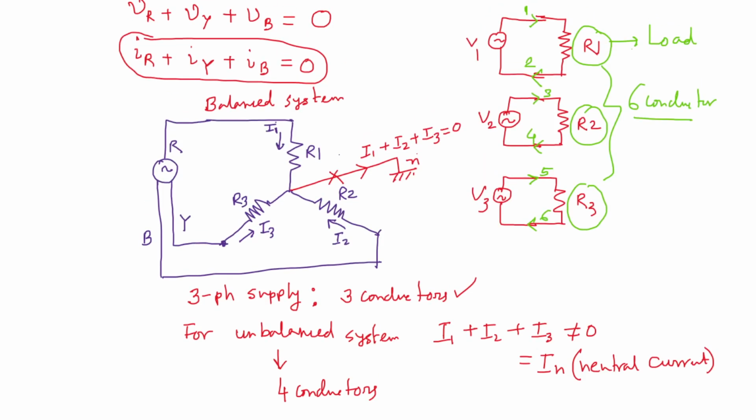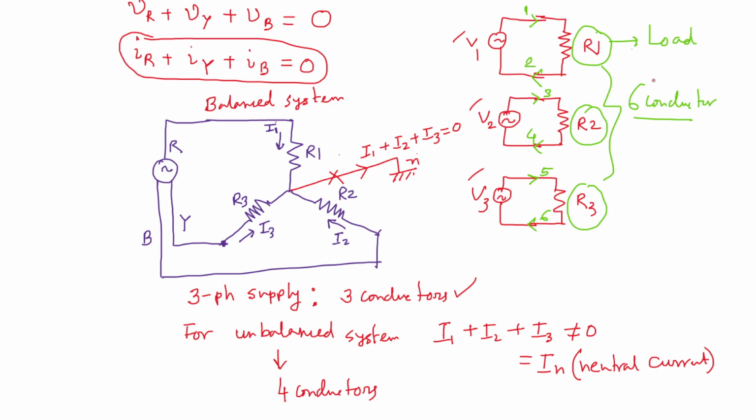So in this way we can understand that instead of using three single phase AC supplies, if we use one three phase supply, it is much better in terms of saving conductor material.